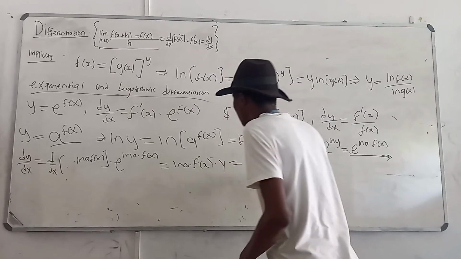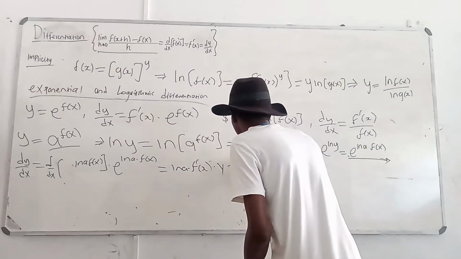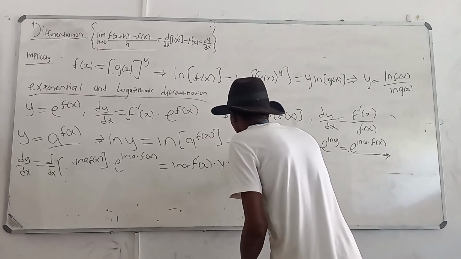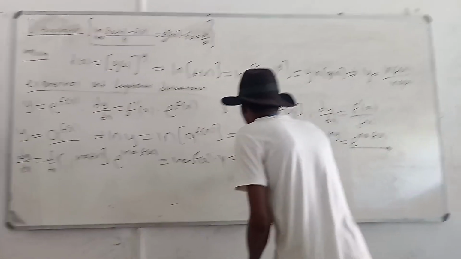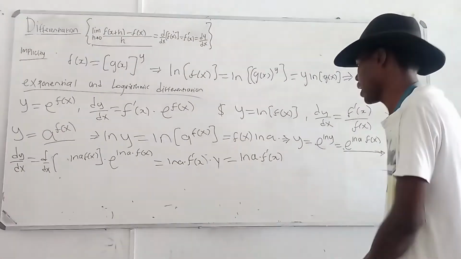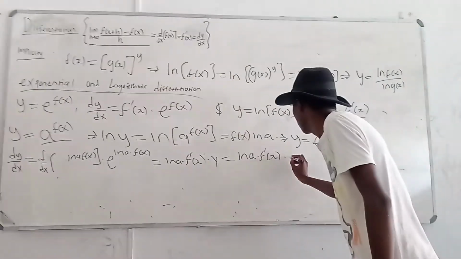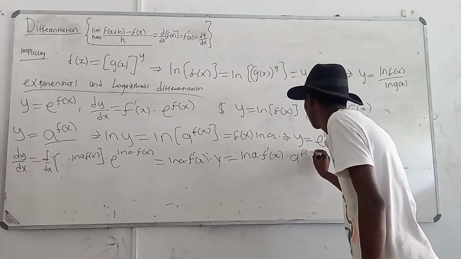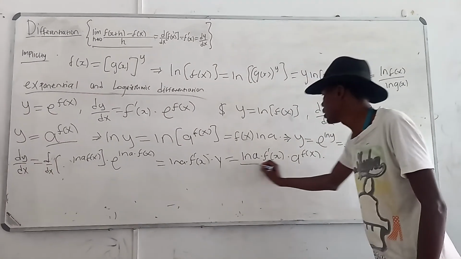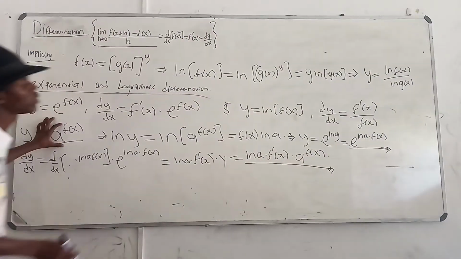So in other words, the answer is ln a f prime(x) multiplied by a to the f(x). So this is how we are going to derive any function of this form.